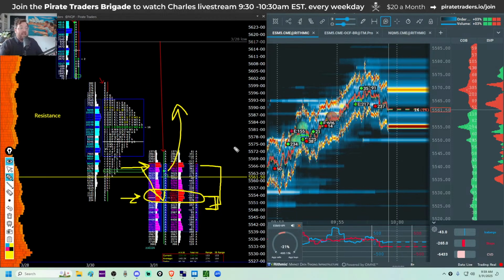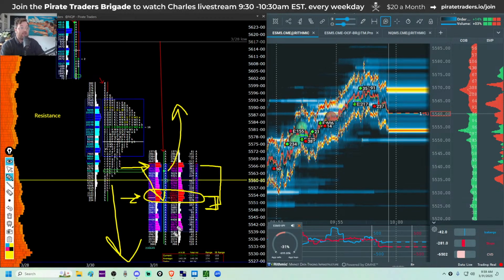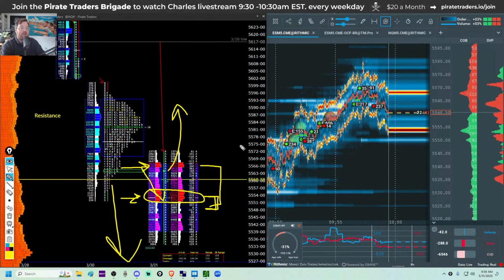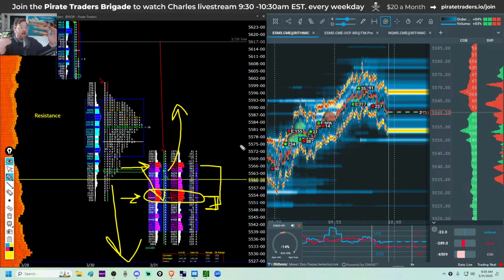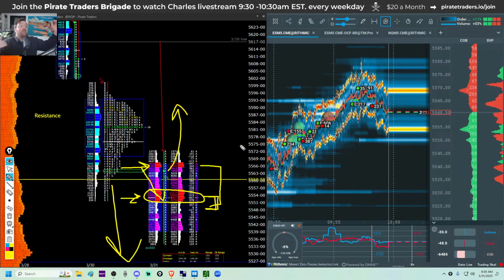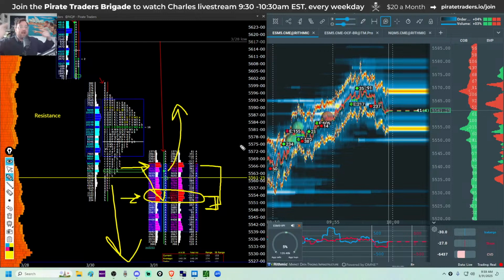First, I'm waiting to see, do we still have momentum down? I definitely don't want to be going long if there's a chance we've still got momentum down. Now that I know we don't, now that I know we're going sideways, where do I want to get long? Do I want to get long in a place where I risk missing the trade, but I take on less risk in it? Or do I want to take on more risk in the trade, but be guaranteed to enter? And that's what you're playing in your mind all day, every day.